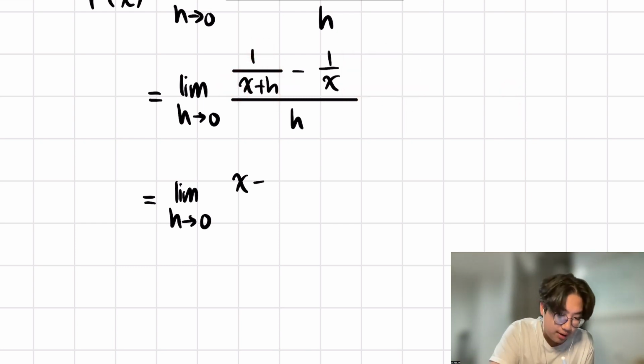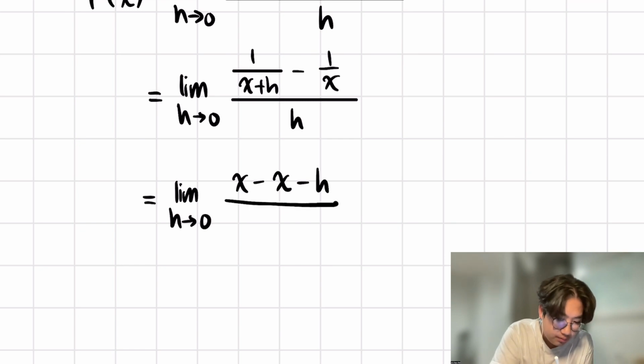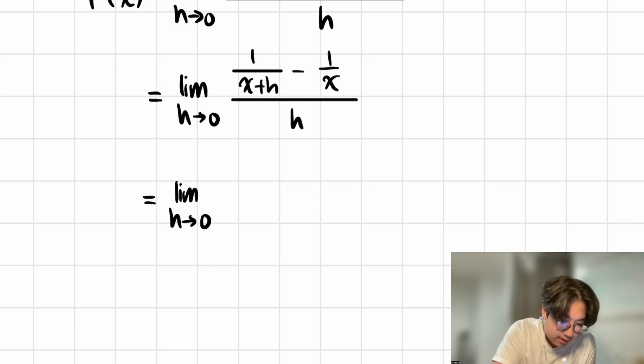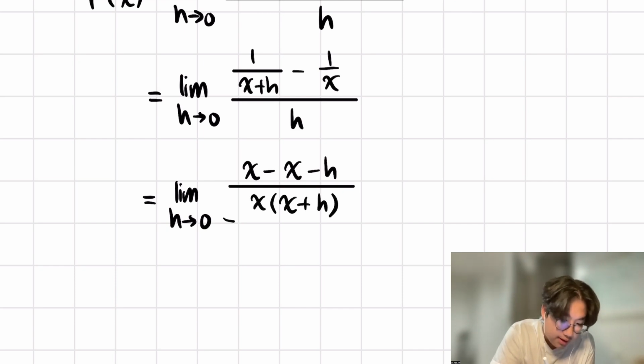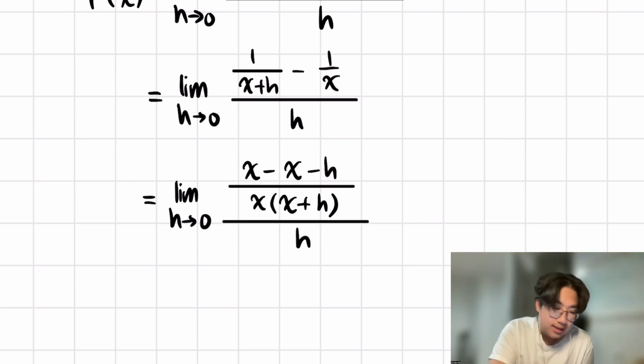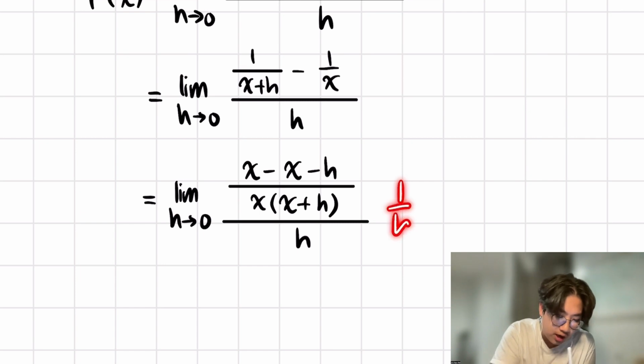So we actually have x minus x minus h. Let me rewrite this. Again, this is all divided by x times x plus h, and then that is all divided by h.